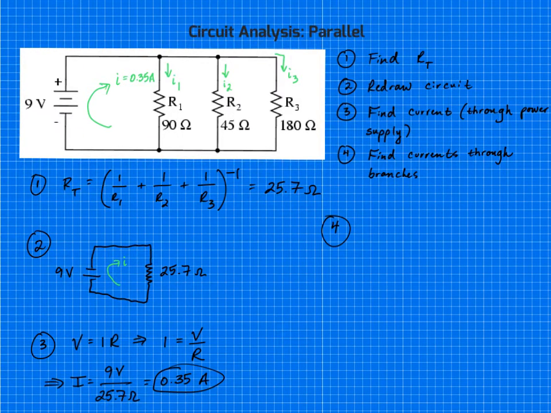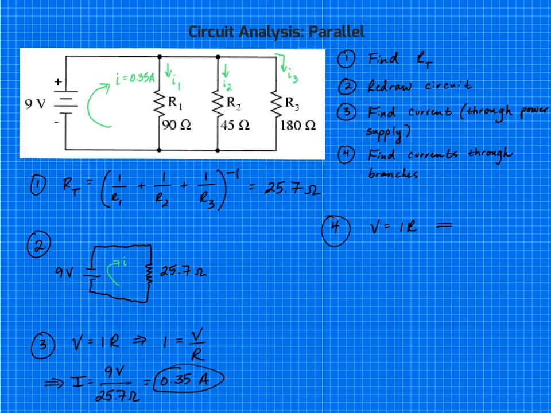So looking at this first branch to find I1, I know my resistance, I know my voltage. I know my voltage drop in this branch is 9 volts, what's coming out of the battery, okay? So I know if we're looking at V is equal to IR, well, I know this and this, so I can find what this current is equal to.